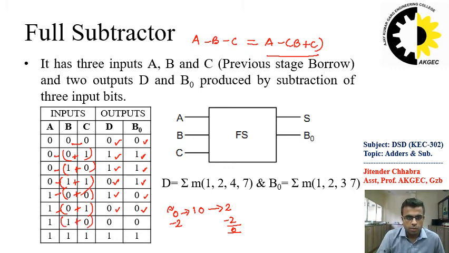So 1 minus 1, effectively it becomes 0, 0 again. And now 1 minus 2. So 1 minus 2, we are subtracting again a larger number from a smaller number. So that's why borrow must be there. And then if we look at this position, so difference is 1.